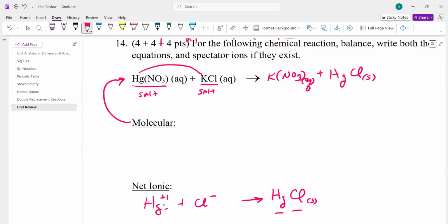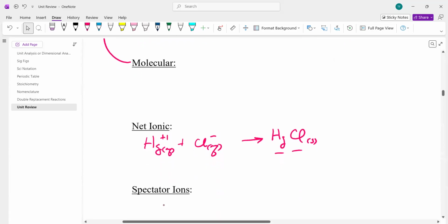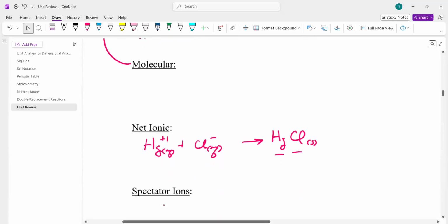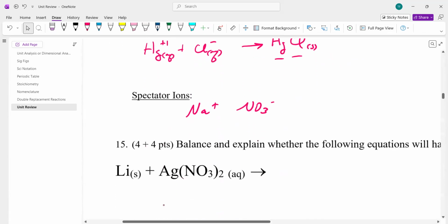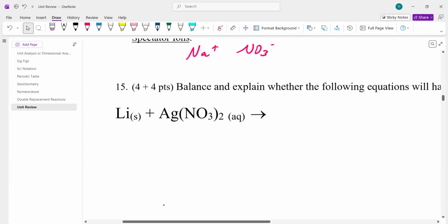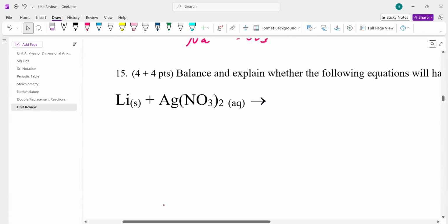And this is going to be aqueous. Aqueous. And what are the spectator ions? Sodium and nitrate. Okay, that's right, sodium.